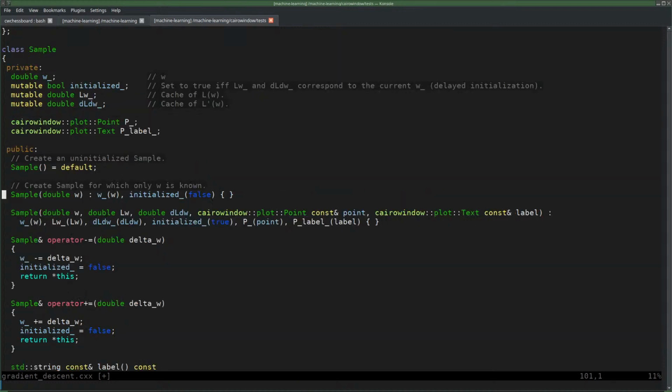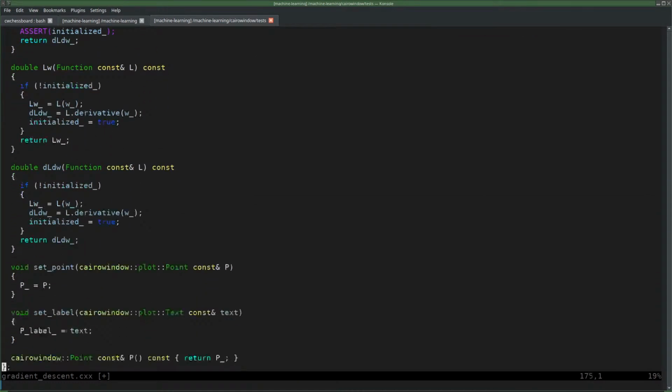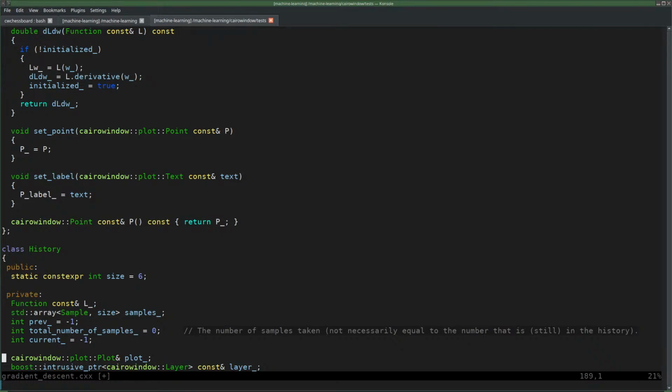Can I print sample? Nope, I cannot print sample.